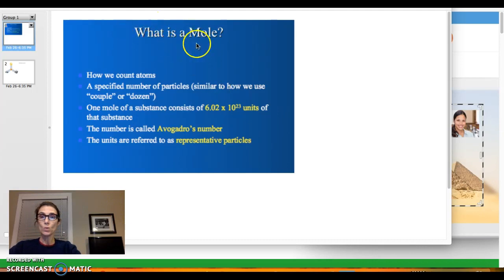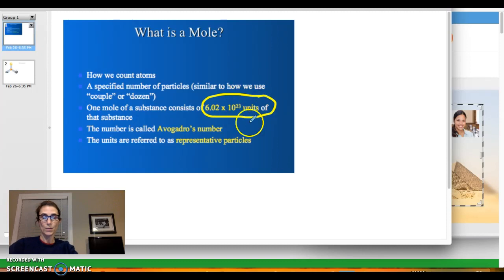But when we use the word mole, what I want you to think of is this number here. This number is called Avogadro's number, and that is 6.02 times 10 to the 23rd. So that's a really, really big number.